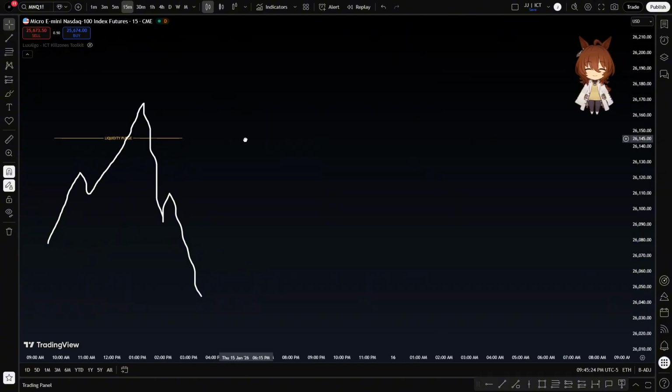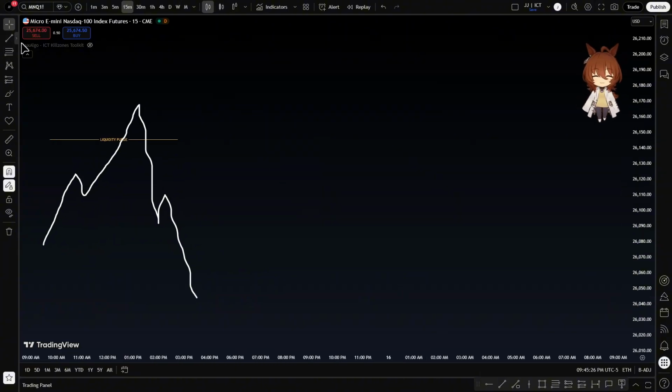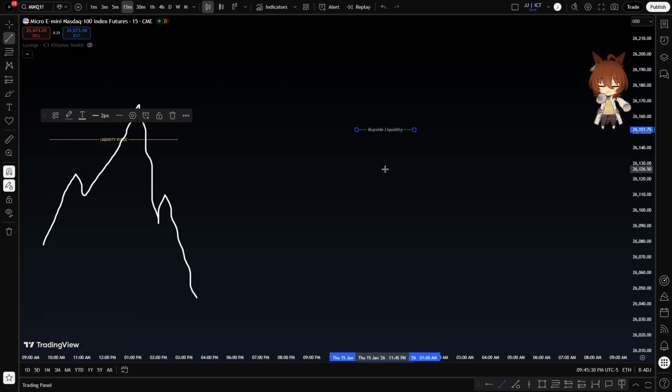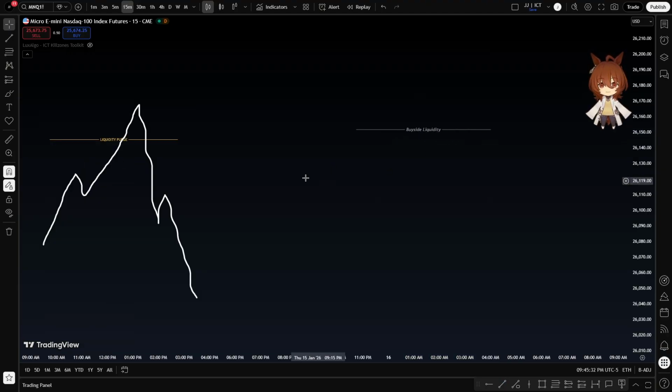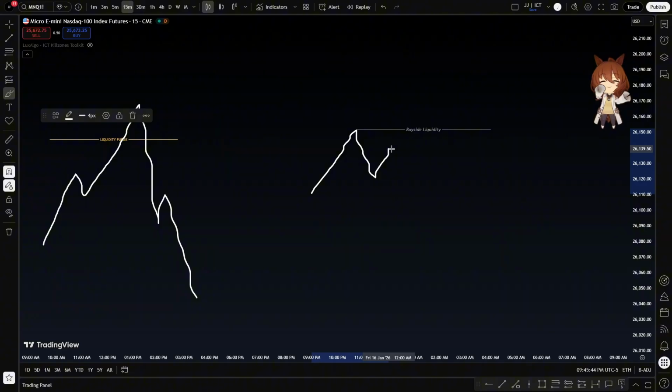With a mitigation block, let's say this is buy side liquidity, just a random swing. Think of the mitigation block forming when there's a failure swing. That's basically what happens. So we have liquidity up here. We go up, come back down, go up, fail to reach the buy side liquidity, then we drop.